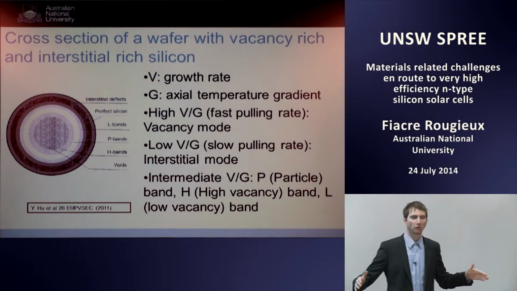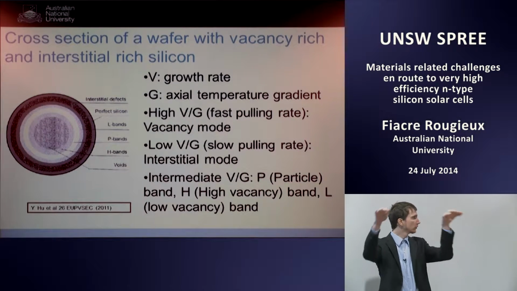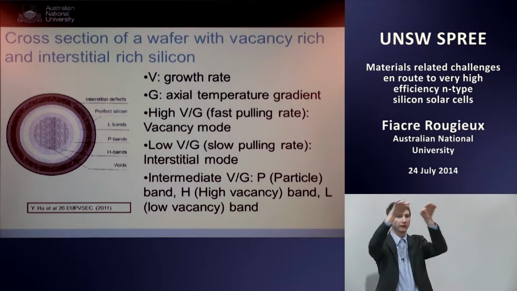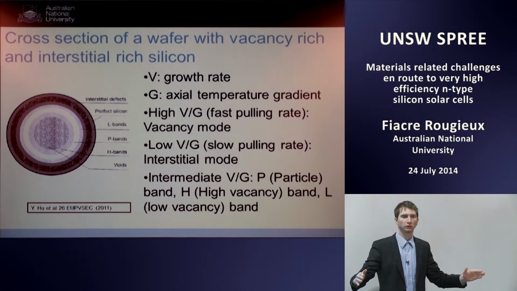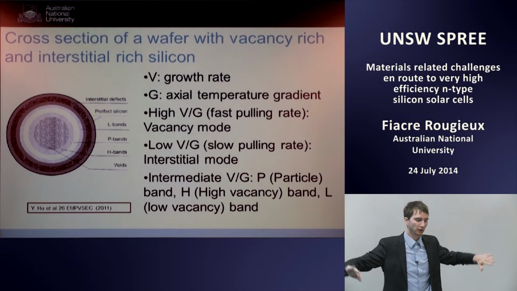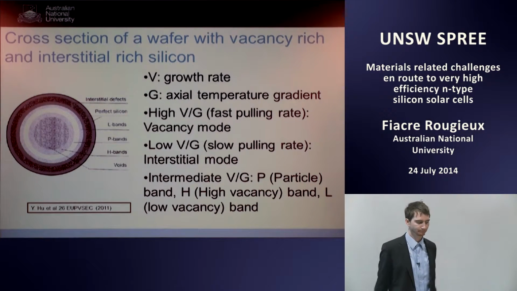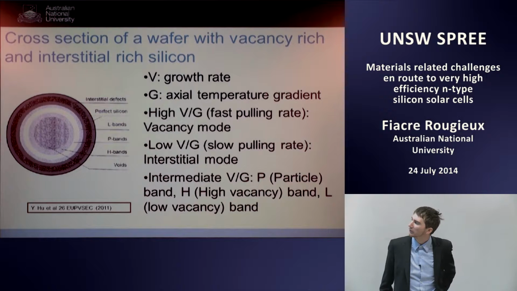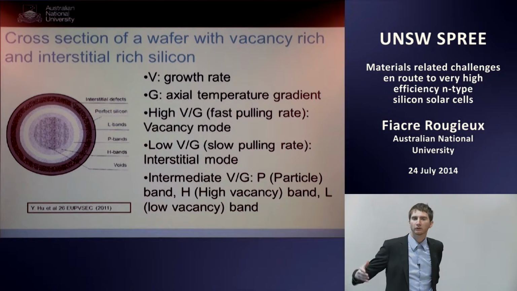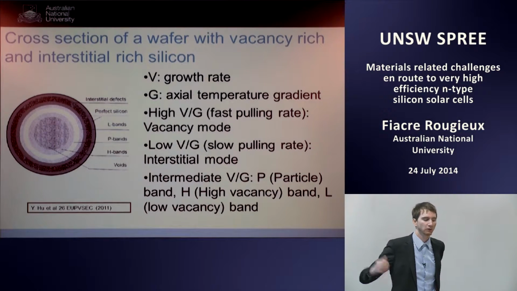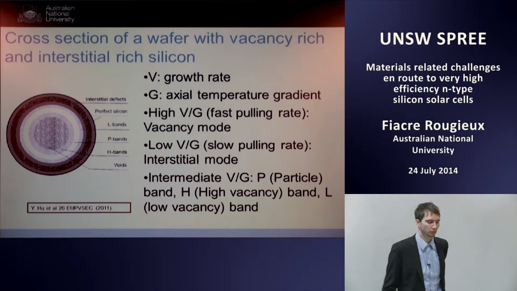So basically our vacancy profile is going to look like a curve very high in the middle and then lower towards the edges, and then potentially we're going to have interstitial concentration increasing towards the edges. Again, here V is the growth rate, G is the axial thermal gradient. So slow pulling rate, interstitial mode; high pulling rate, vacancy mode.